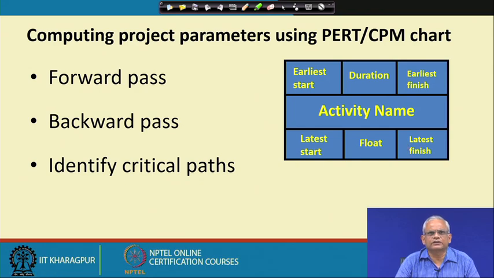And having done that, we will identify the critical paths, that is, we will find out all the activities which have 0 float time, and we will find a path through the network for which the float time is 0, and we will call it as the critical path. We will mark it in red. These are of special importance to the project manager.